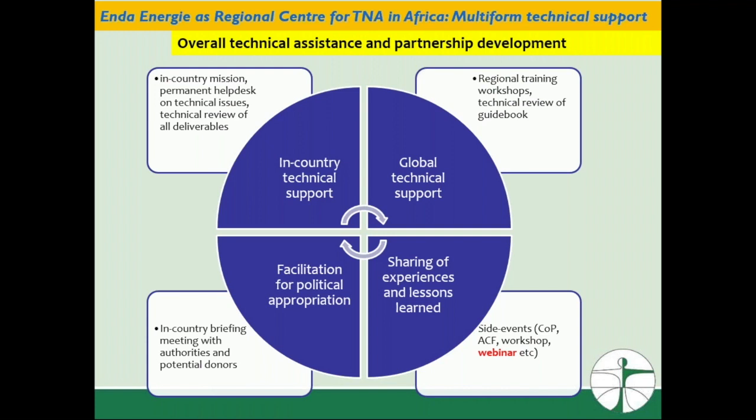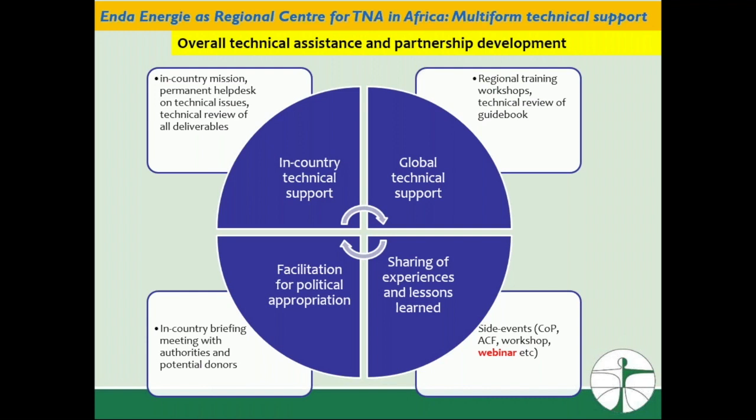But also, we are sharing our experience and lessons learned throughout some international fora, but also throughout a webinar as we are doing now. But also we participate a lot in elaborating briefing notes and also help countries to ease the national consultation and the political will. So these are, in a nutshell, what we are providing in terms of support for all the countries.